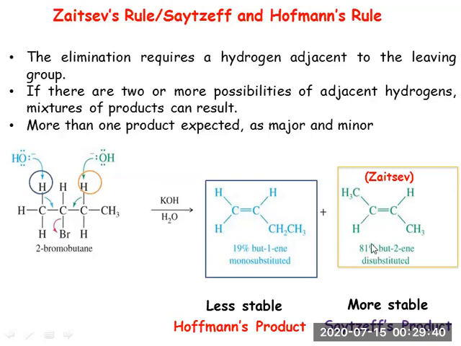You can see here 81% of this particular product is obtained. This product is also called the Zaitsev product. And the other product, which is a less substituted alkene, will be obtained only up to 19%, and this is a less substituted product. This product is known as Hofmann's product, and the more substituted alkene is called the Zaitsev product.